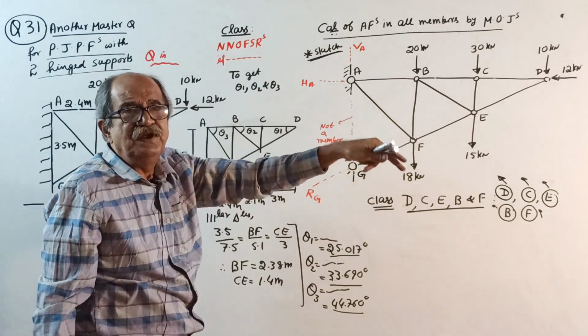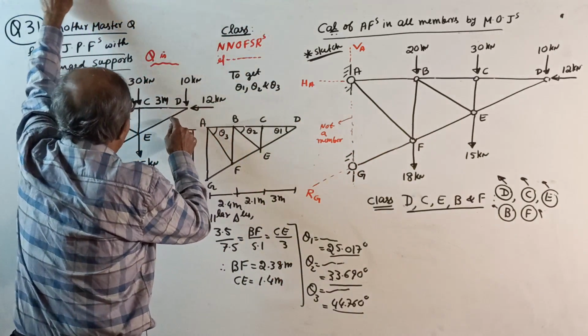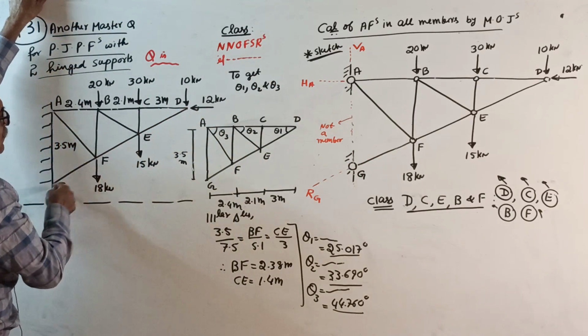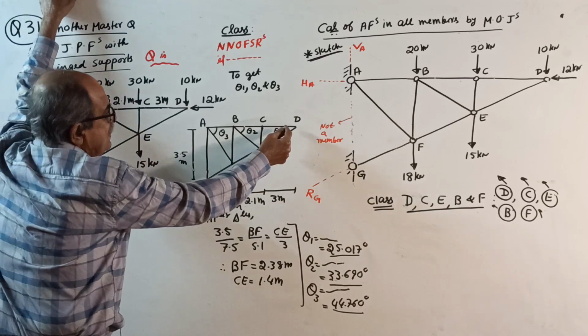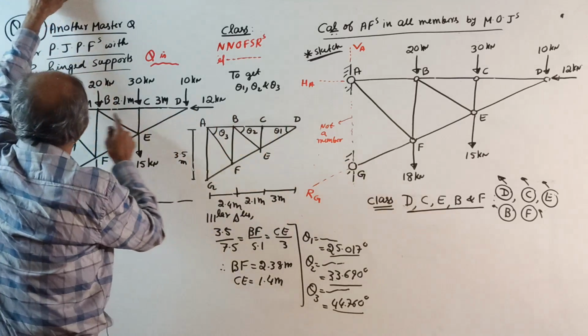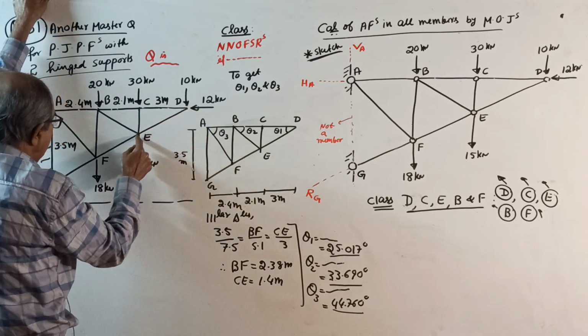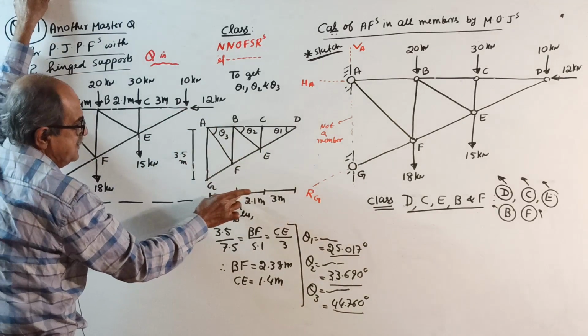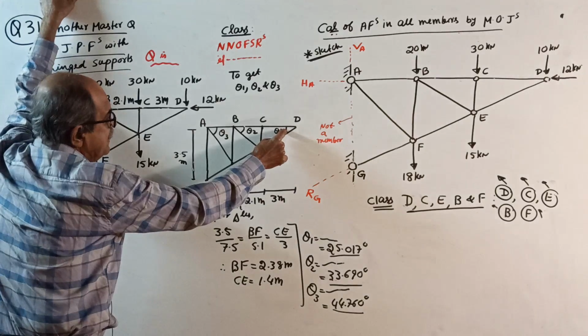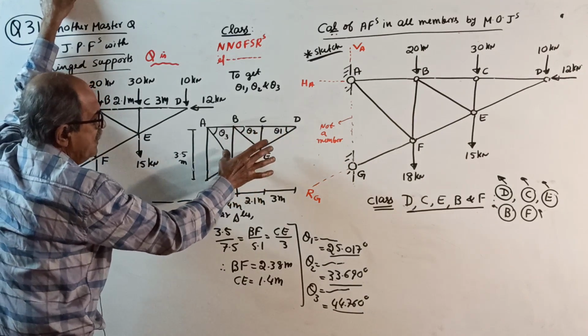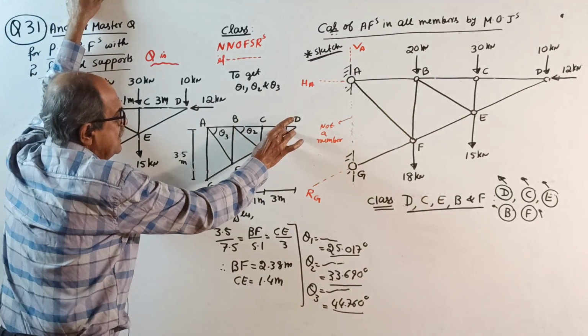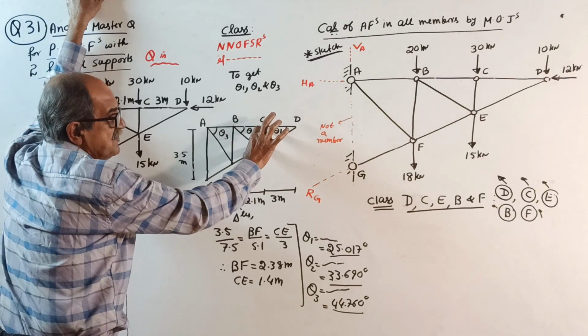Before you proceed further, you require the angles for this inclined member and this member. So take a rough triangle here with A, B, C, D, E, F, G, and mark distances clearly; let the angles be theta 1, theta 2, theta 3. To get theta 1 and theta 2, you require this height.